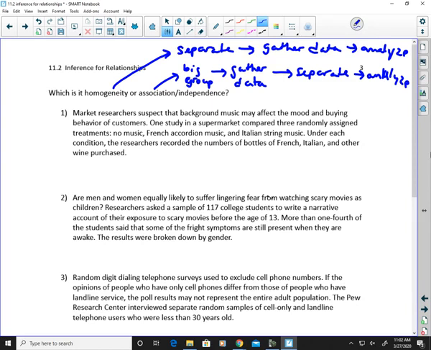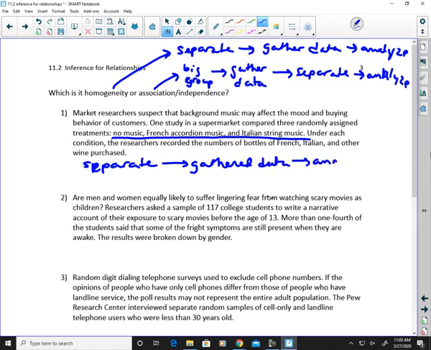So it looks like before they started gathering data, they first had it separate, because they had the different treatments. Then they gathered their data. And then they analyzed. That is a test of homogeneity.